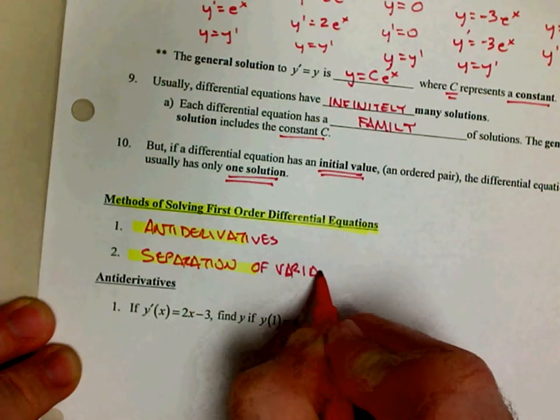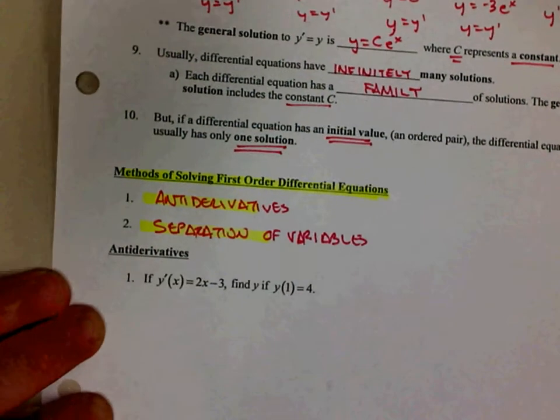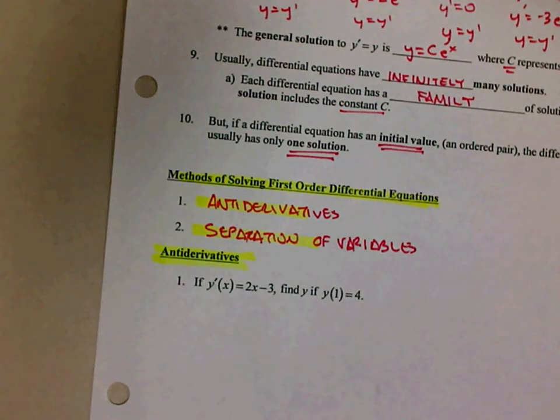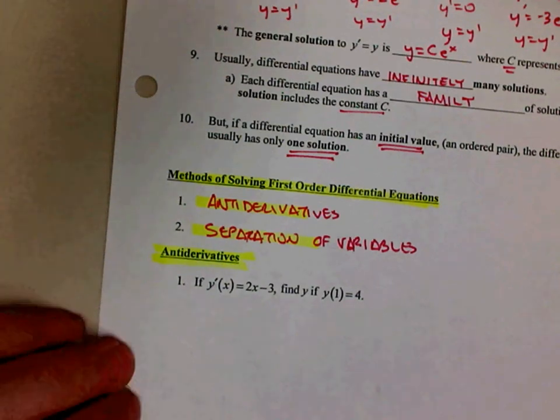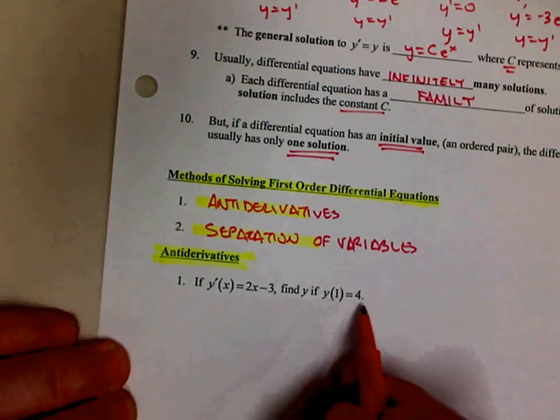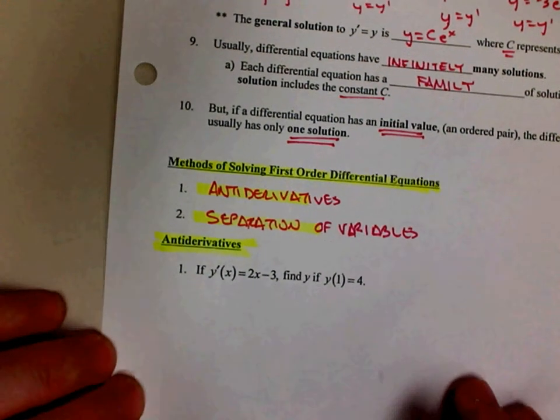We are just going to do antiderivatives now. Okay? So in this example, it says if y prime of x equals 2x minus 3, let's find y if y of 1 equals 4.